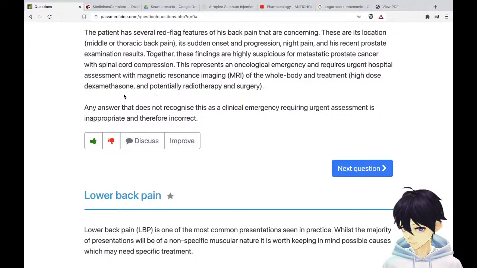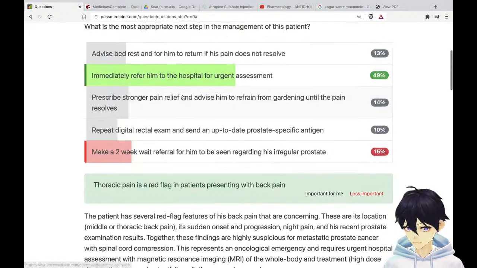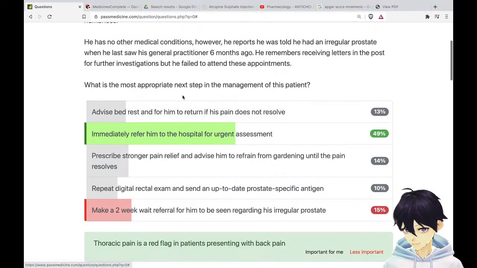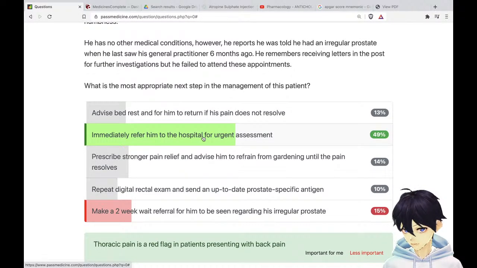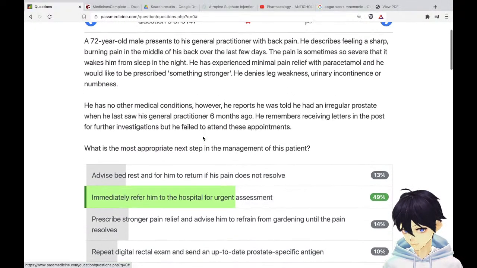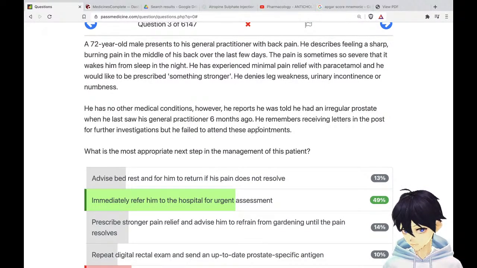Treatment with high dose dexamethasone. Maybe the thoracic back pain, rather than bone pain, is actually because the pain is due to irritation of your spinal cord. That's why they say spinal cord compression.